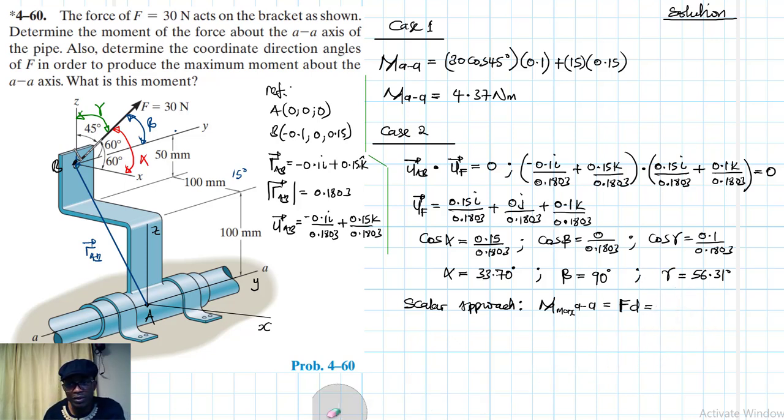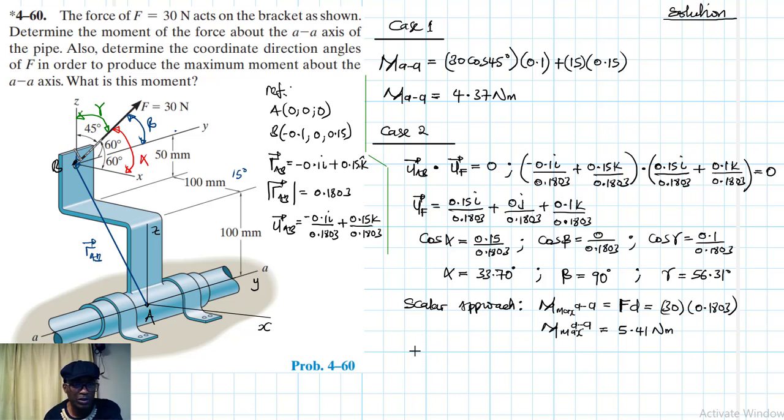Because these are perpendicular to each other, the magnitude of the position vector, or the lever arm, is 0.1803. Therefore, M max about the AA axis is 30 times 0.1803, which gives 5.41 Newton meters.